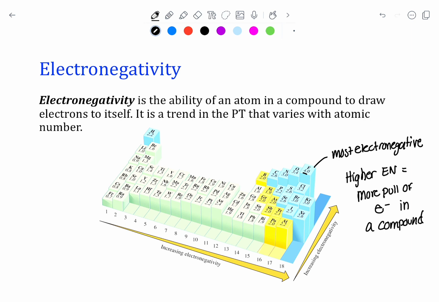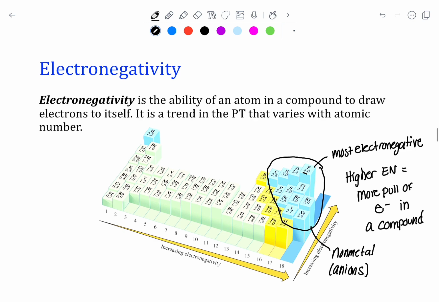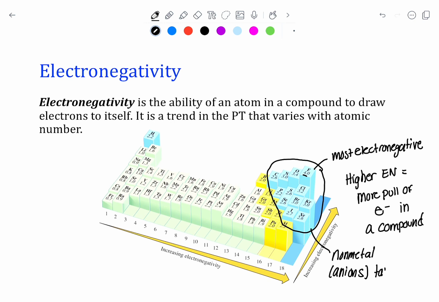And we see from this electronegativity chart that our nonmetals have really high electronegativity. So here are our nonmetals, right? These guys are our nonmetals. And our nonmetals typically create anions, which means they take on electrons, which corresponds to their higher electronegativities.